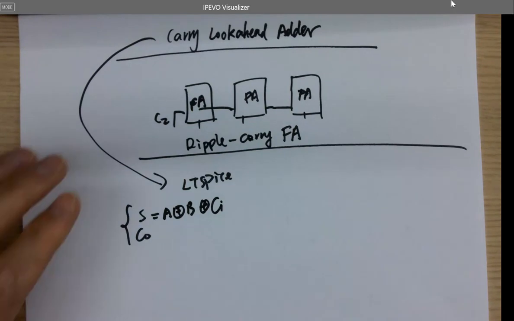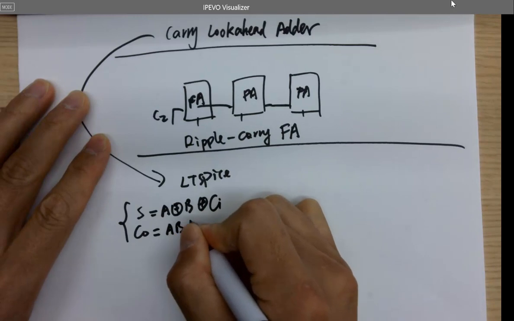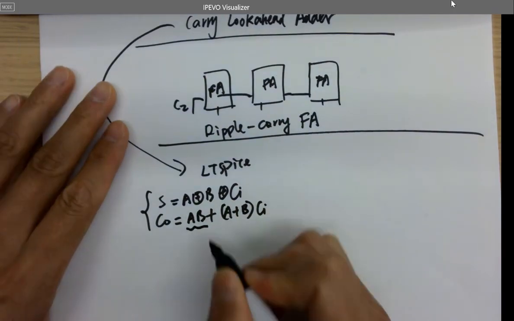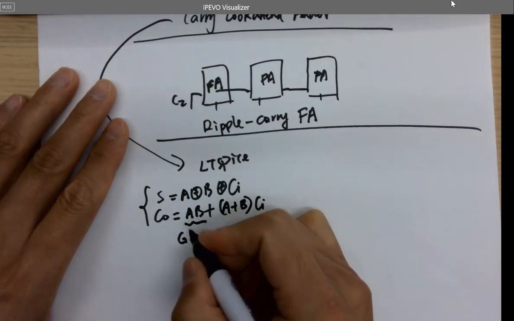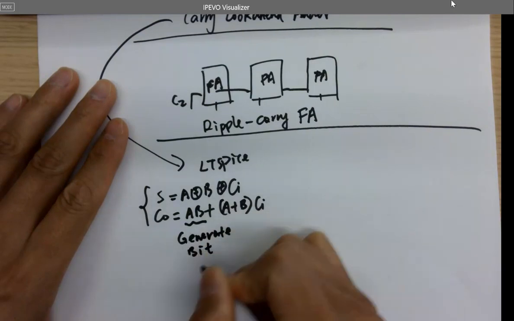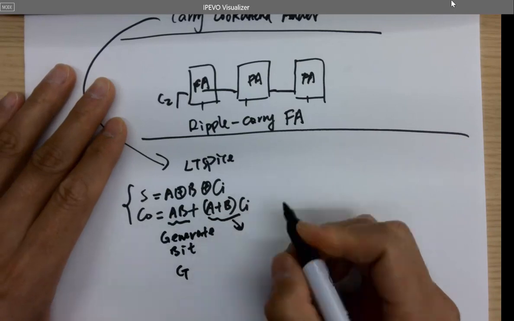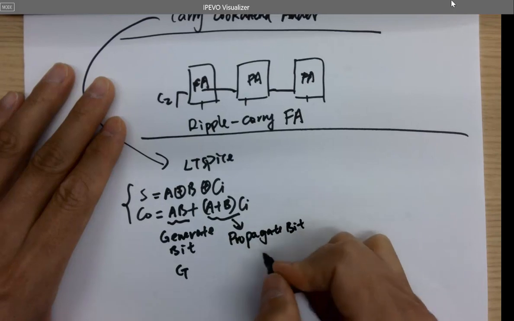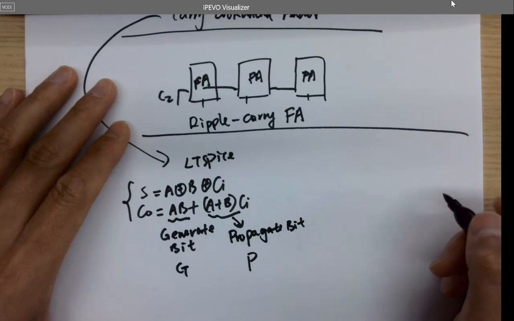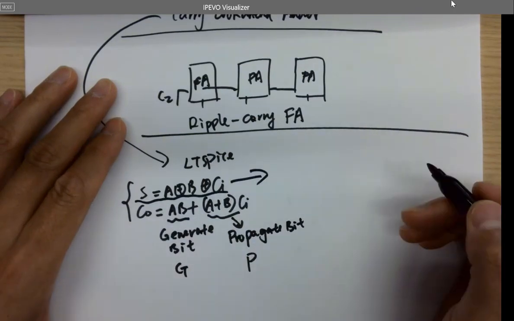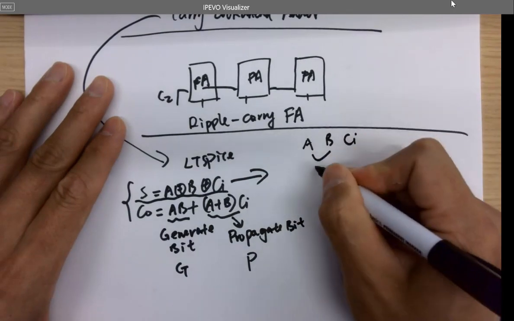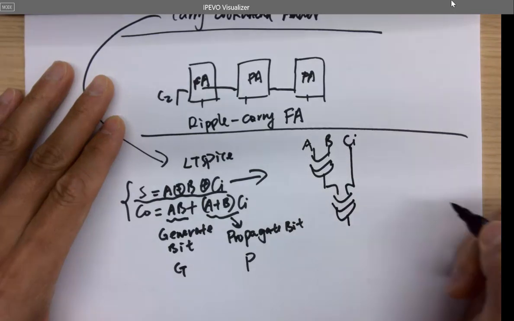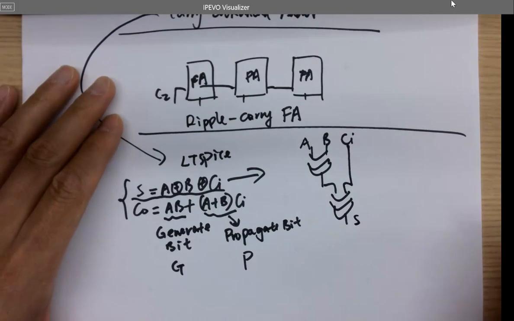For the carry out, it is A and B, or A or B and CI. We rename this term as the generate bit, or bit G, and this term is called the propagate, or bit P. This is very simple: it's just A, B, CI with an XOR gate and an output. So for the summation S, it's very simple to design the circuit.